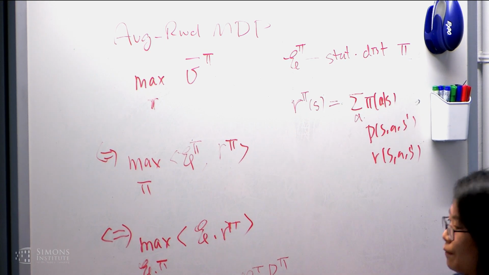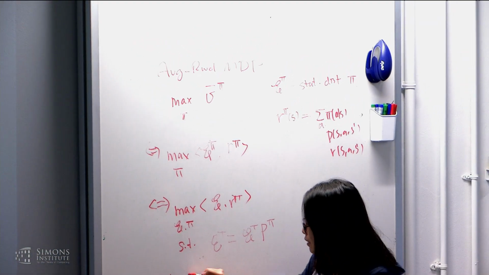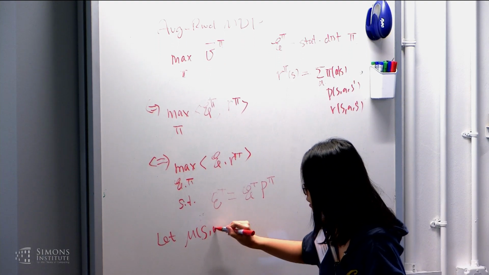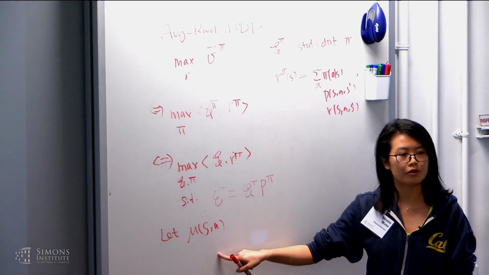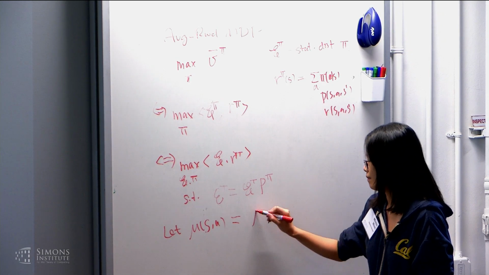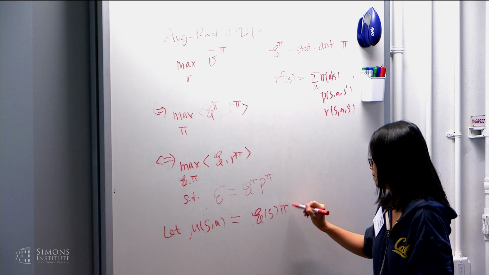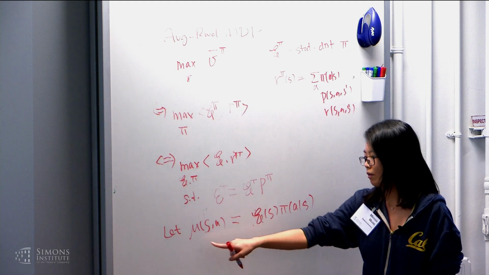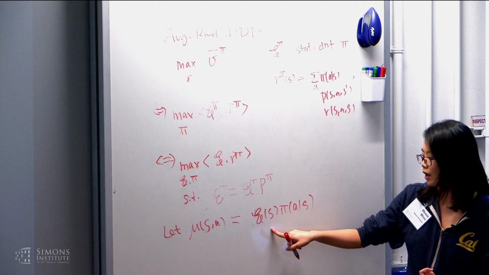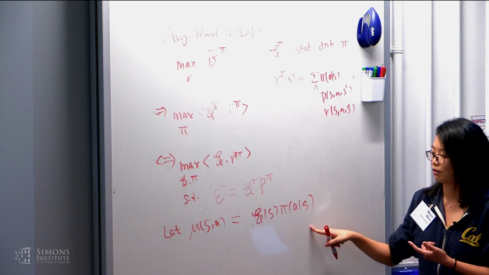If we keep playing this game, eventually I'm going to define my dual variable as a joint probability distribution on the space of state and action pairs. So mu of S and A is the probability for S to occur, times the probability for me to choose action A conditioned on state S.